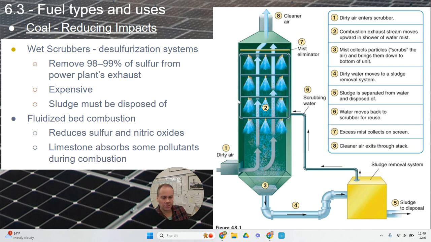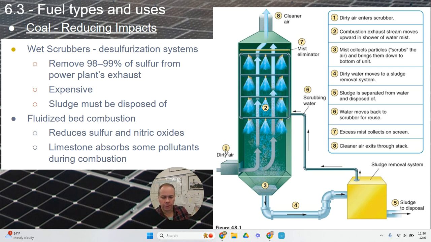And so that air that's going to be released into the atmosphere through the stack is cleaner than the air that was leaving the combustion of coal at step one. But this sludge contains all of those contaminants, like the heavy metals, like sulfur and so forth, and so that has to be disposed of.